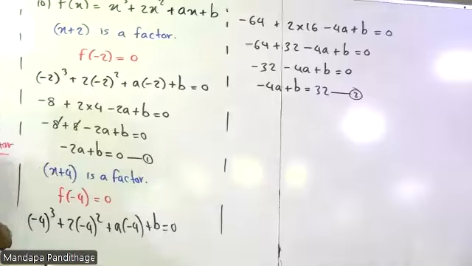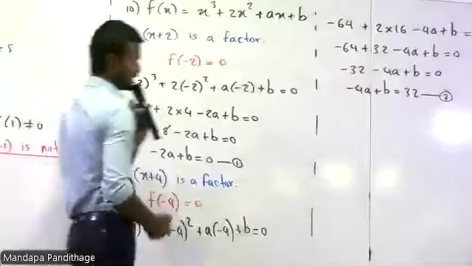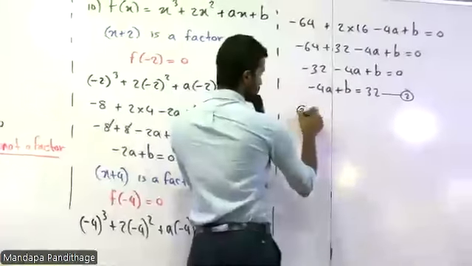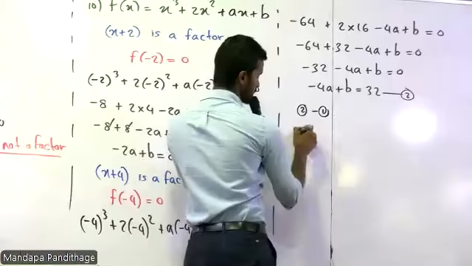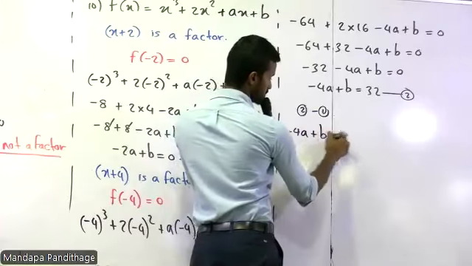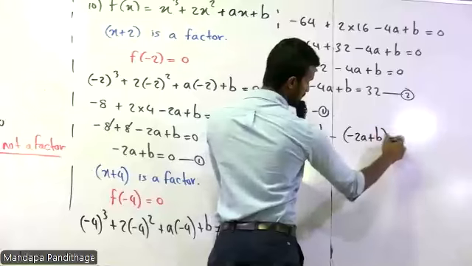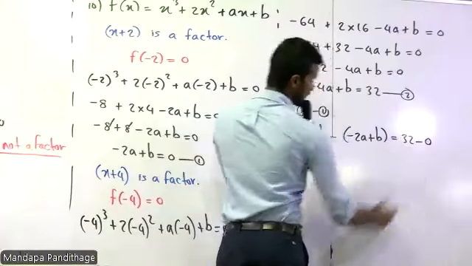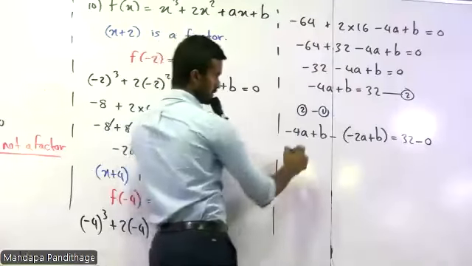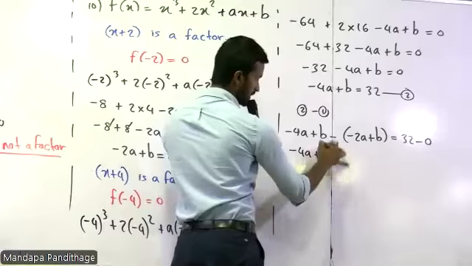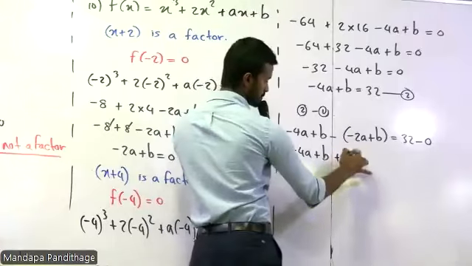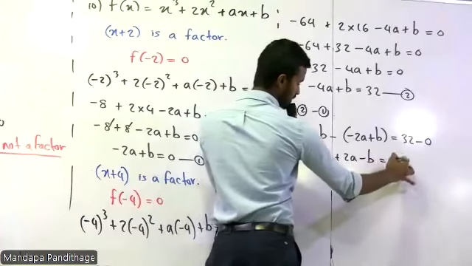And I'm supposed to find a and b. Then you can subtract these two, second minus first. Minus 4a plus b minus (minus 2a plus b) is equal to 32 minus 0. Minus 4a plus b, minus minus becomes plus 2a, minus b, is 32.